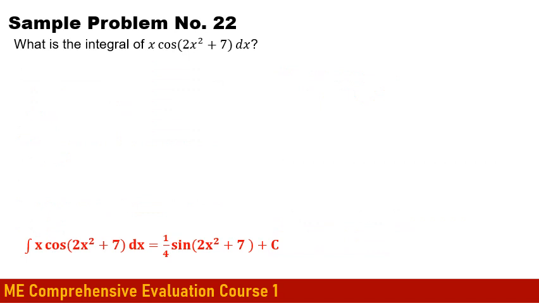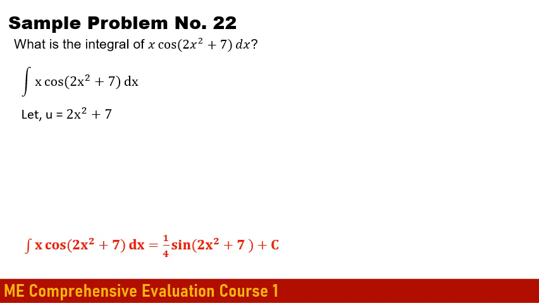What is the integral of x multiplied by cosine of 2x squared plus 7 dx? If you look here, we have two functions: x and the function cosine of 2x squared plus 7. So what we can do first is to let u equal 2x squared plus 7.